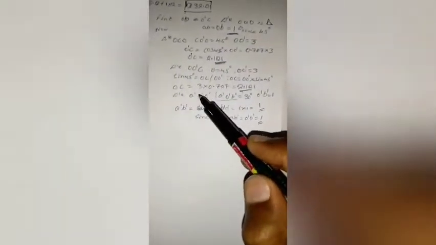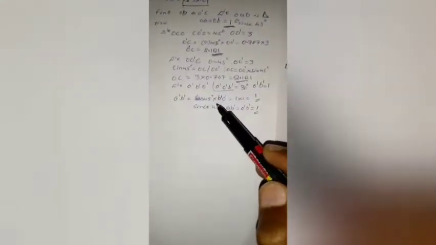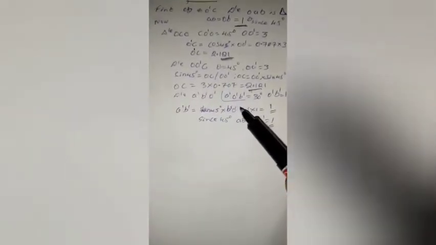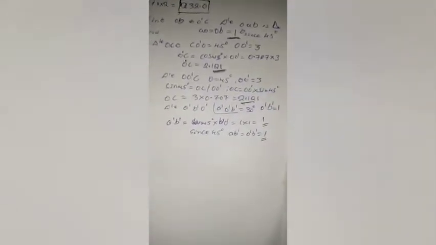So I will consider this lower triangle A dash, B dash, O dash. So A dash B dash will be equal to sine 45 multiplied by B dash O dash. This value B dash O dash is already known, because we have assumed 1 mm.